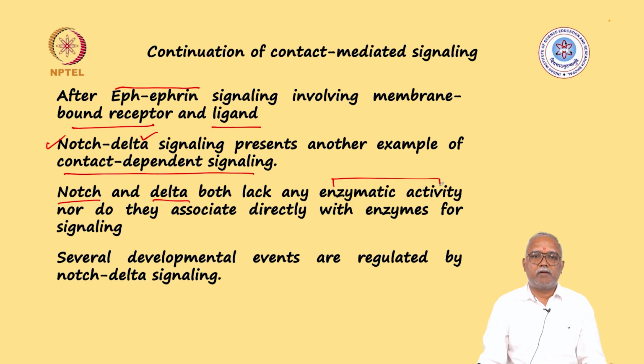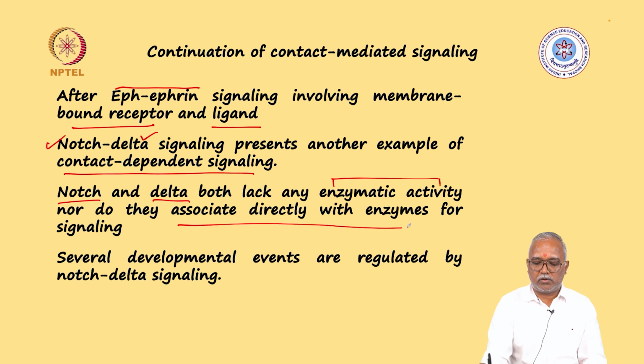So they basically undergo a lot of changes. Notch, particularly as a receptor, undergoes a lot of changes to induce transcriptional regulation. And these do not associate with anything which has enzymatic activity, like we saw in the JAK-STAT pathway, where the receptor did not have the enzymatic activity, but it associated with JAK kinases which had the tyrosine kinase activity.